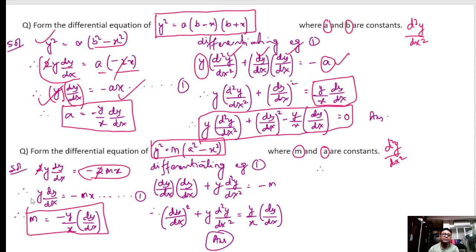Now differentiating this term again, it is u into v form, so this is v du by dx plus u dv by dx is minus x. Now putting back the value of m, we get the differential equation. Clear?